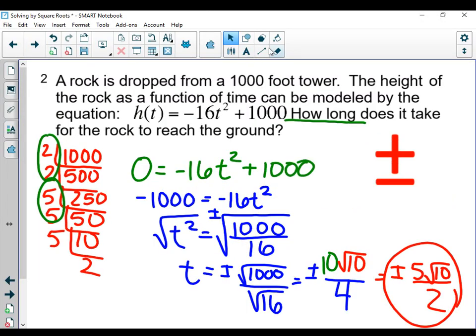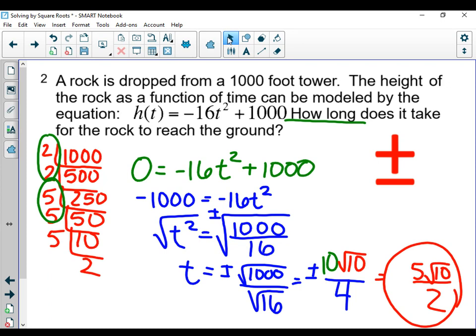So in this answer, since I want to know how long it takes, I'm not dealing with negative time. I'm only going to have my positive answer. So that's the only thing that can get you on a word problem. When you're looking at your answer and you're like, whoa, can't have a negative time there or a distance.